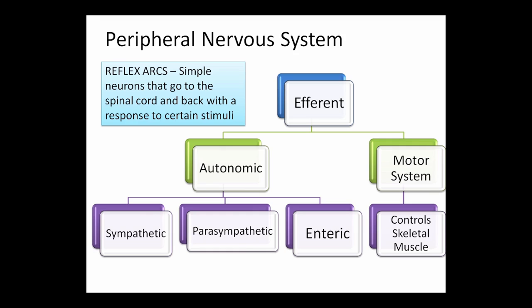The sympathetic division is responsible for your fight or flight response. This is what's going to make your heart beat faster. We're going to slow our digestion. And we're either going to fight or run away, or get away.